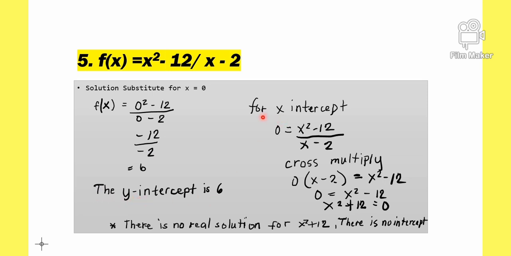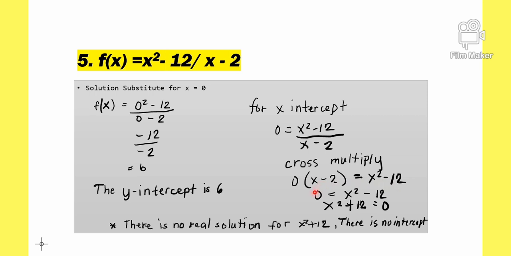In order to get the x-intercept, we will substitute 0 for f(x), or y. Again, 0 = (x squared minus 12) divided by (x minus 2). And then we will cross multiply this one: 0 times (x minus 2) is equal to x squared minus 12.